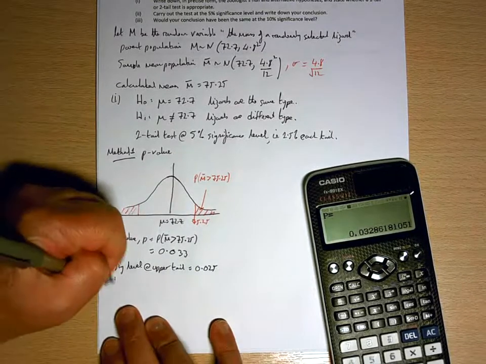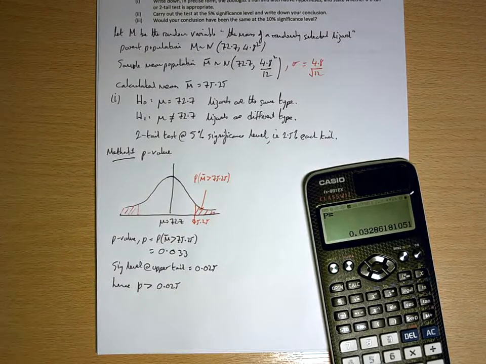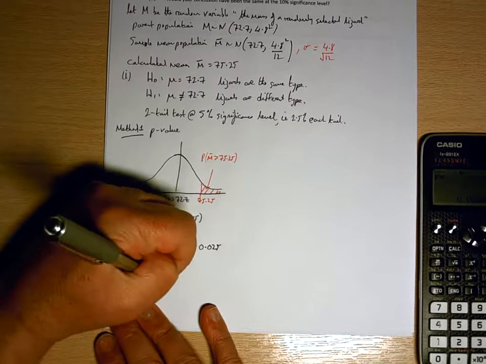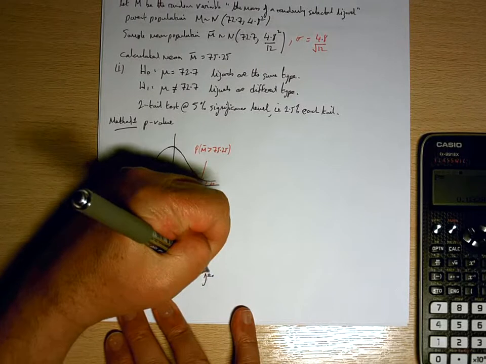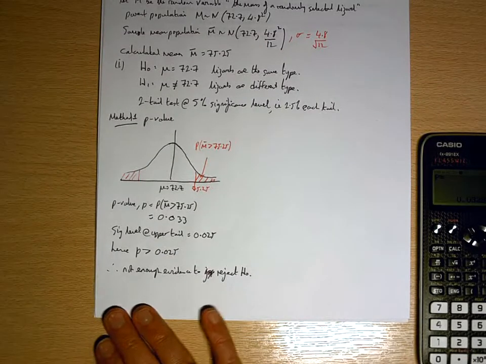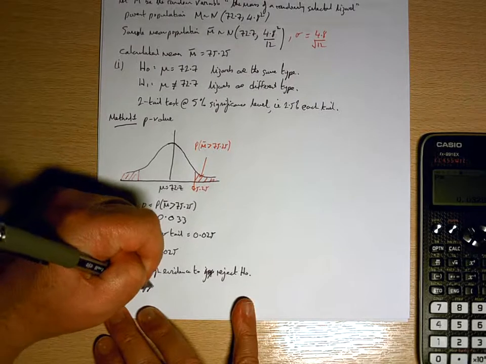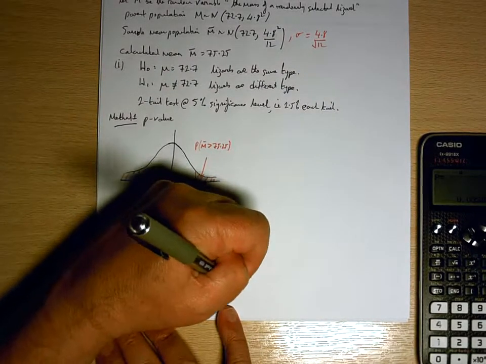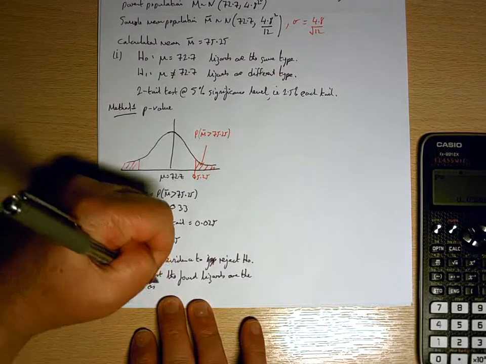So our p-value is greater, so it's outside the range of significance, so we write therefore not enough evidence to reject the null hypothesis, which suggests the found lizards are the same as the known.